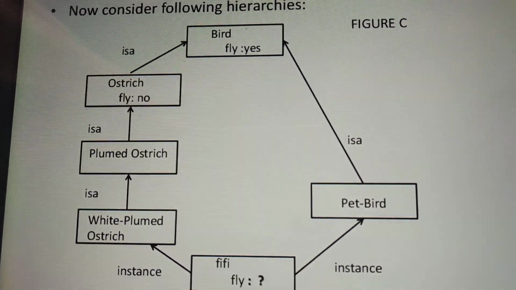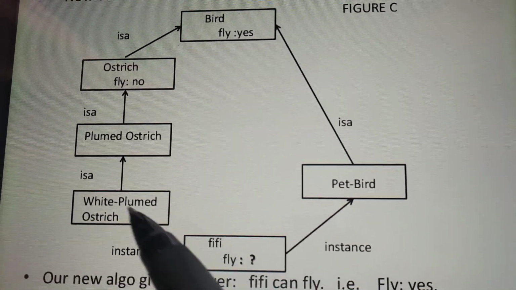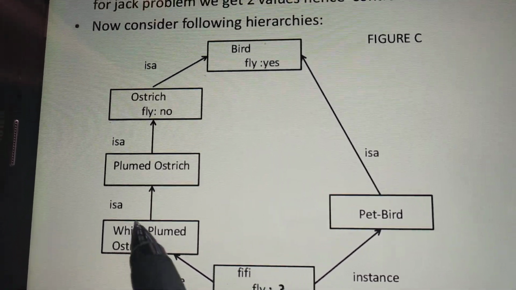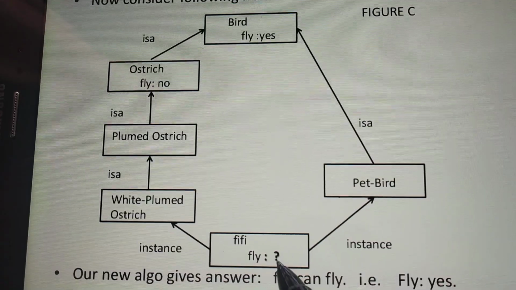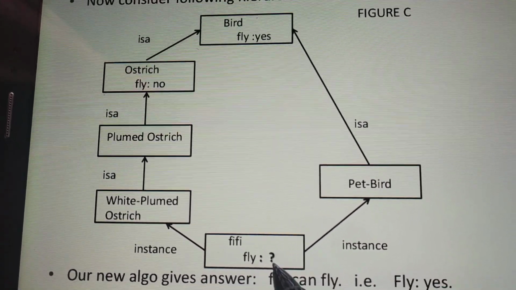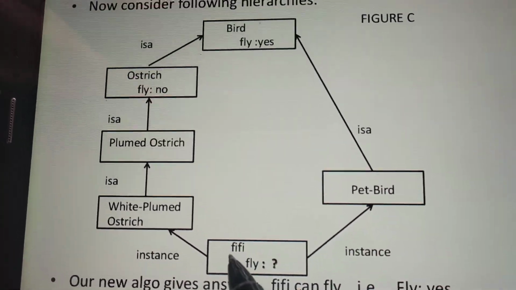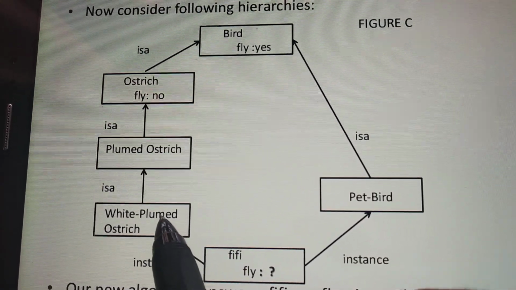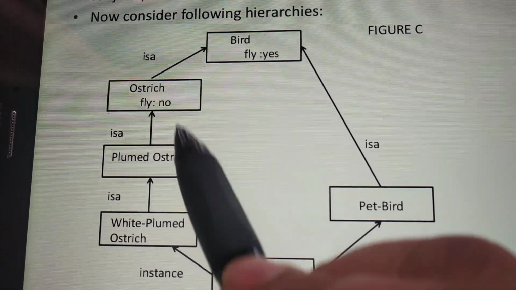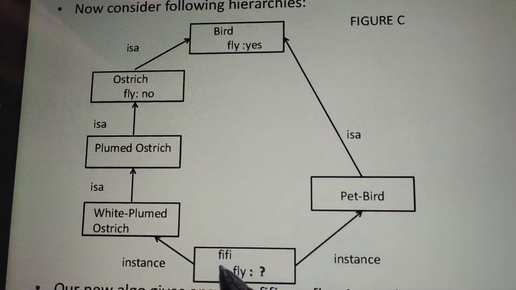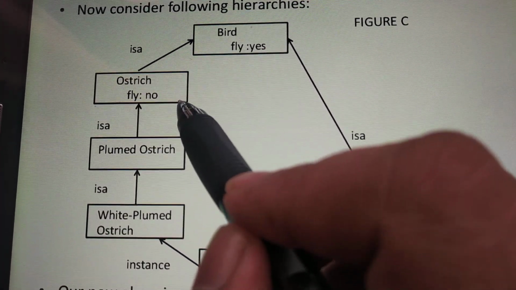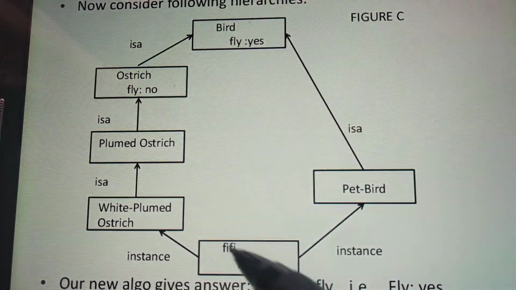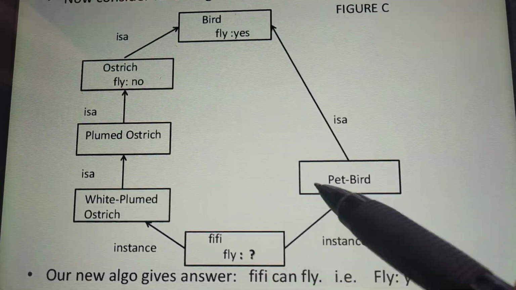Now let's verify this with respect to inferential distance. Let's see what is the inferential distance between this and this. Now Fifi, 1, 2 and 3. So the inferential distance between Fifi and ostrich is more than the inferential distance between Fifi and bird.